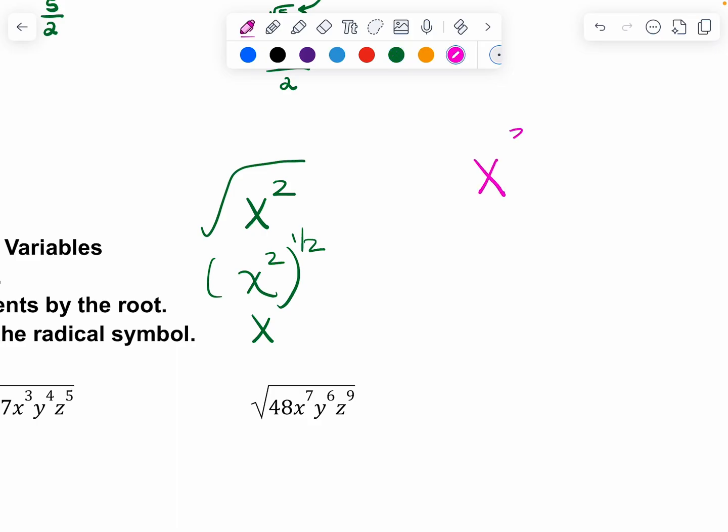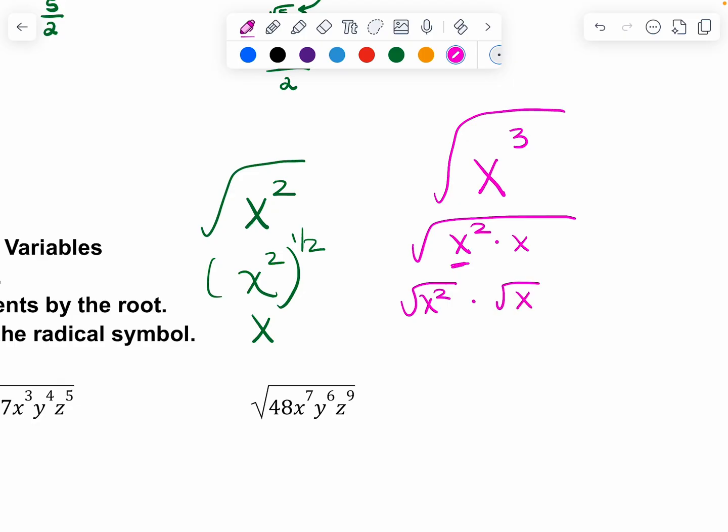If I had it to the 3rd power, and I'm taking the square root, this is the same thing as saying x squared times x. So if I was going to take the square root of this part, I take this times this. So the square root of x squared is x.